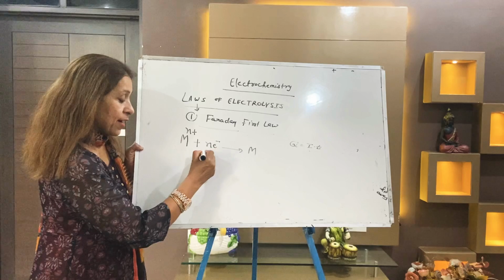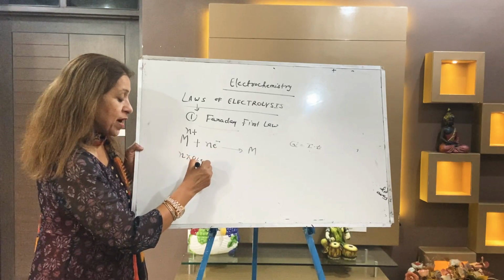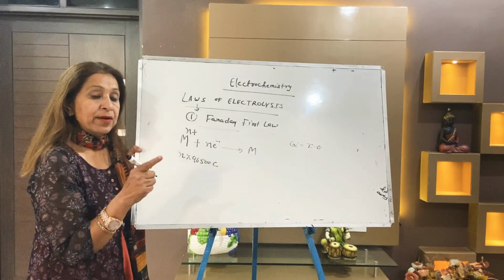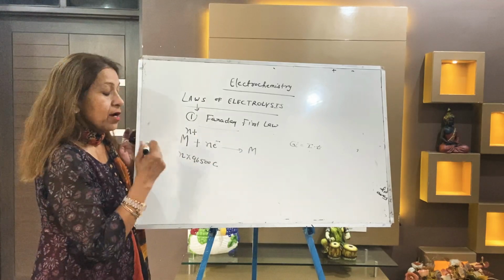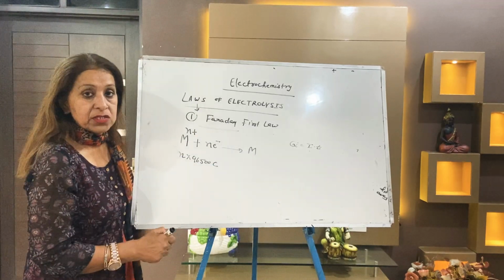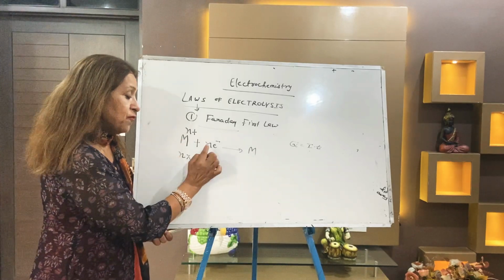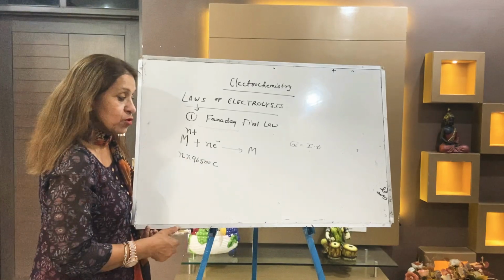So what is this n electrons? This means n into 96500 coulombs. Always remember, when 1 mole of electrons moves in the circuit, it carries 1 Faraday of electricity, or you may say 96500 coulombs. If n moles of electrons move, it will carry n into 96500 coulombs.